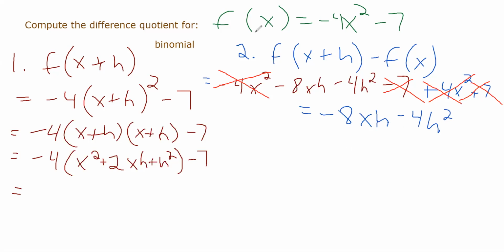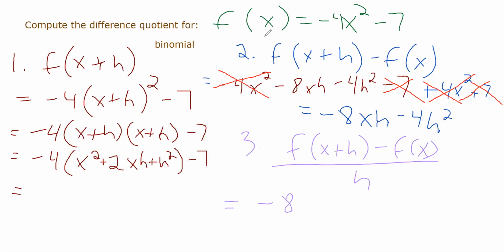So finally, step 3 is going to be do the entire difference quotient, which is f of x plus h minus f of x all over h. But we just computed that entire numerator to be negative 8xh minus 4h squared. And now all we got to do is divide that by h.